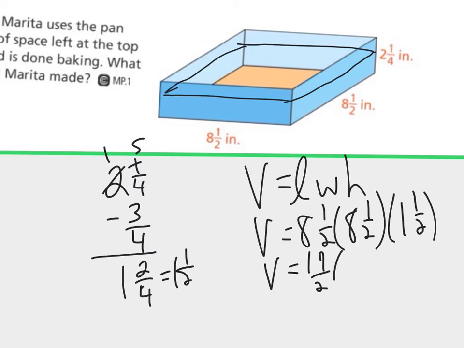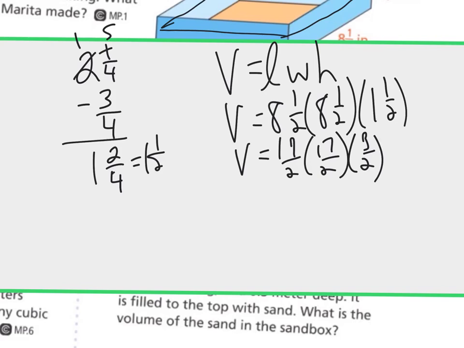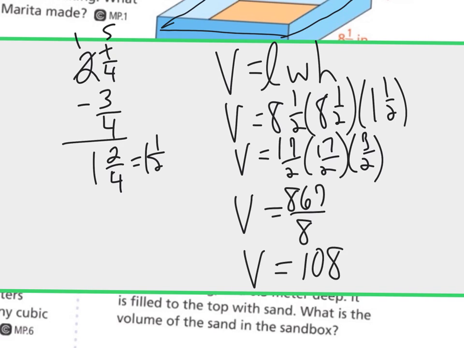So that's 17 halves, 17 halves, and 3 halves. When you work that out, if you multiply all those, you should get 867 over 8. If you divide that, change it to a mixed number, it is 108 3/8 cubic inches.